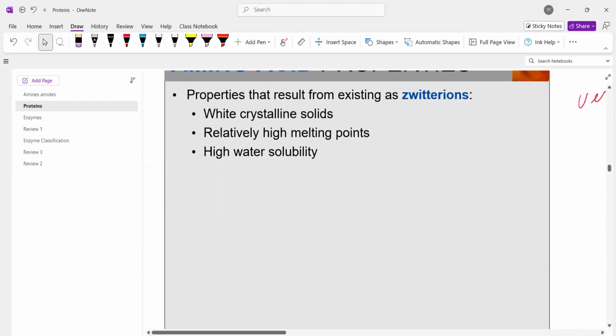Okay, because they're ionic, big time soluble in water, ionic solids have high melting points, and they usually can precipitate out in solution.